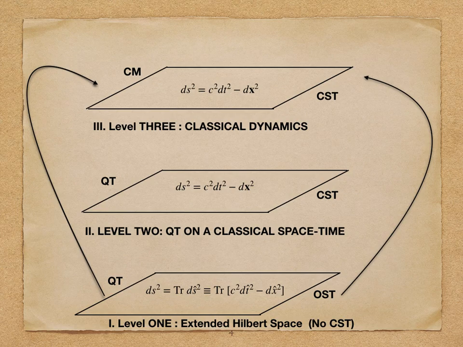Quantum matter and operator space-time go hand in hand very naturally. And on the other hand, classical matter and classical space-time go hand in hand very naturally. And the mechanism to go from level 1 to 3 is spontaneous localization. And then we use the same idea of spontaneous collapse to go from level 1 to level 2, and then from level 2 to level 3.